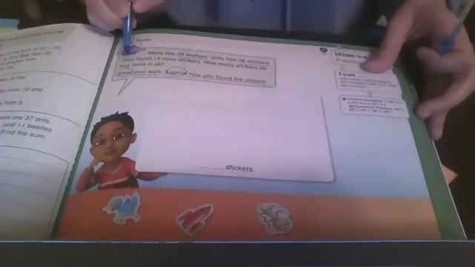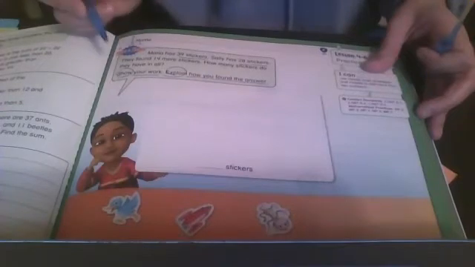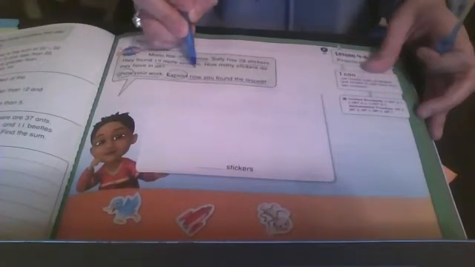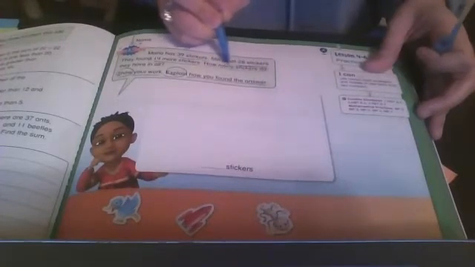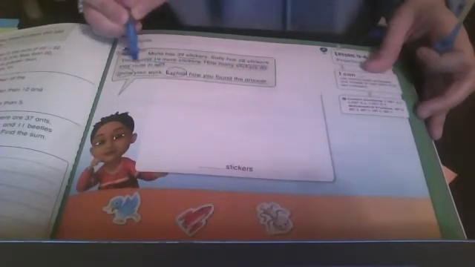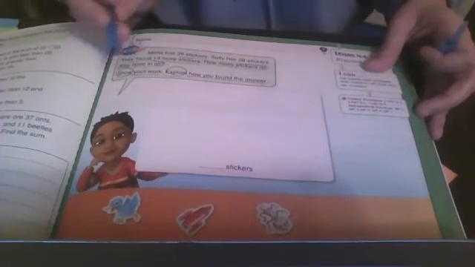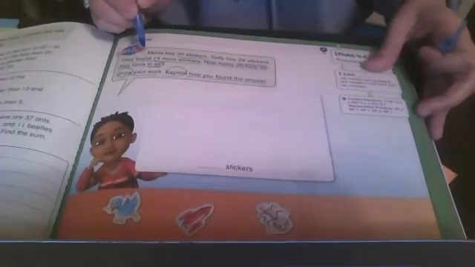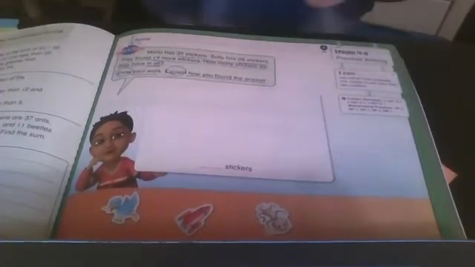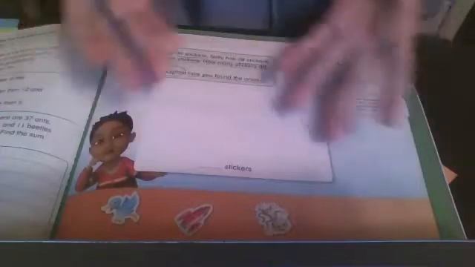Then we also know that they found 14 more stickers. And the question is, how many stickers do they have in all? Okay, and in all, those are keywords, right? They clue us in to the fact that we're going to be adding because they want to know how many all together.